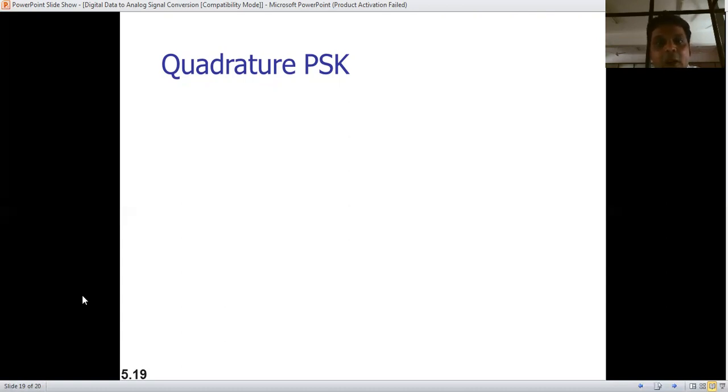Thereby in QPSK, we are using the parallelism of a bit stream, so that every two incoming bits are split up, which is shown in the next slide.